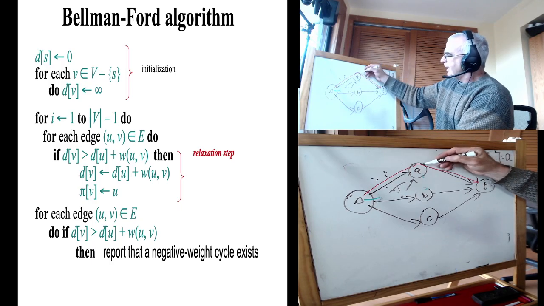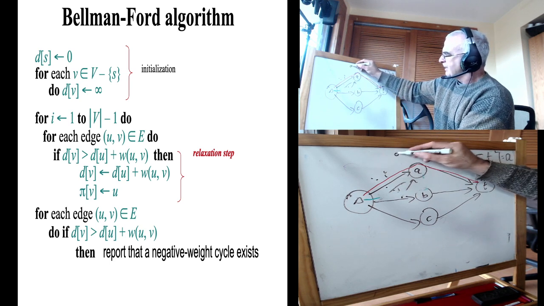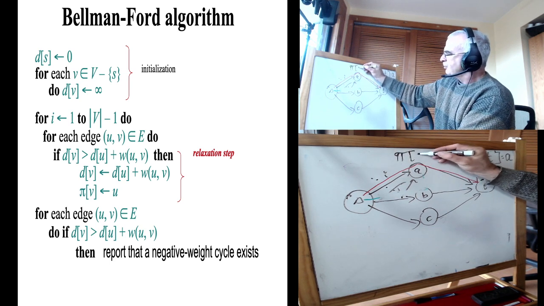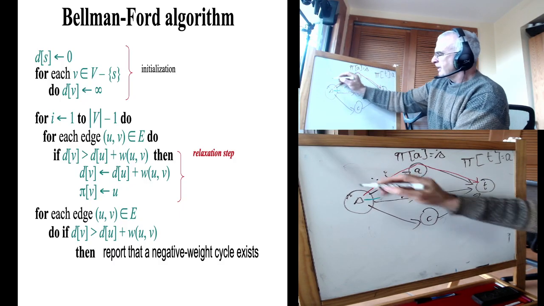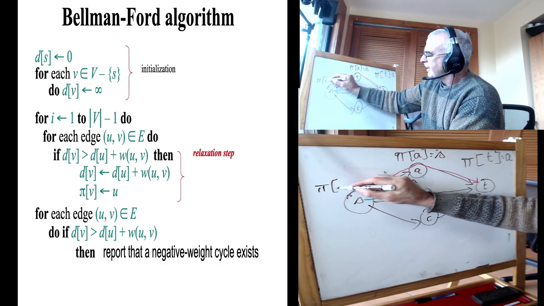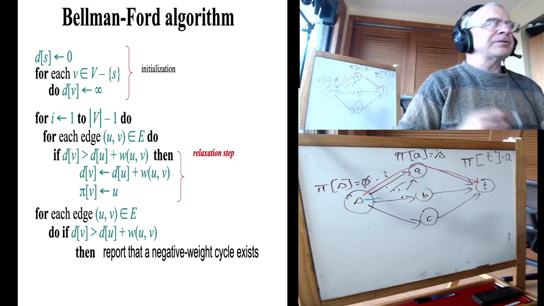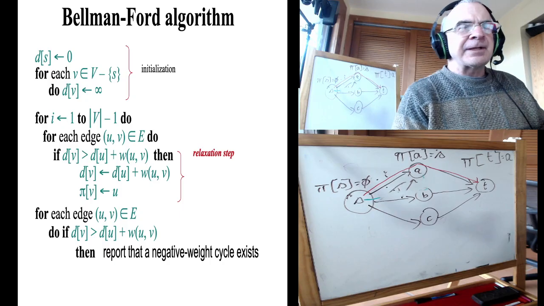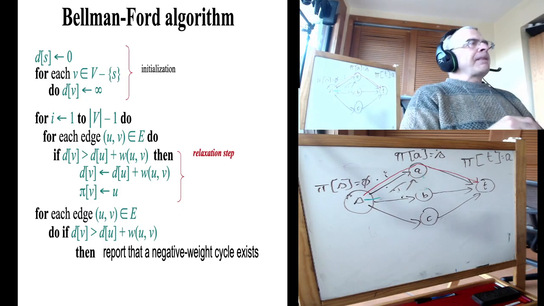When I want to reconstruct the whole path, I'll go to A and ask A what was before you. So pi of A will be S, and pi of S will be null, because it's already the beginning of the shortest path. So that's about the pi array.